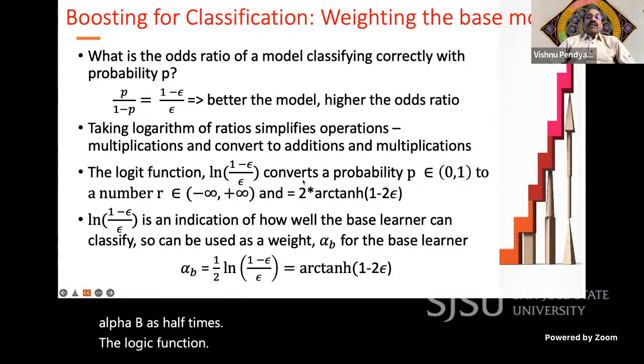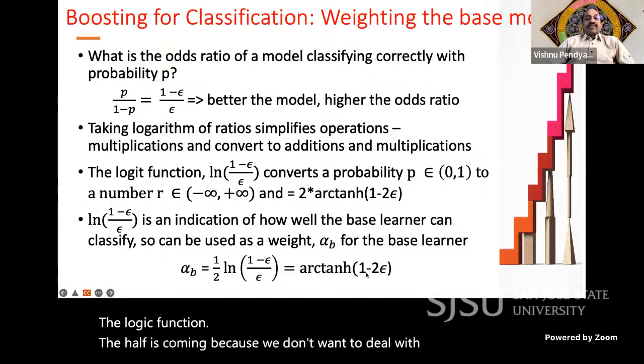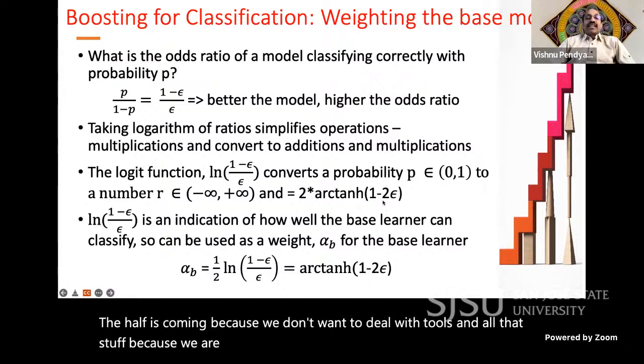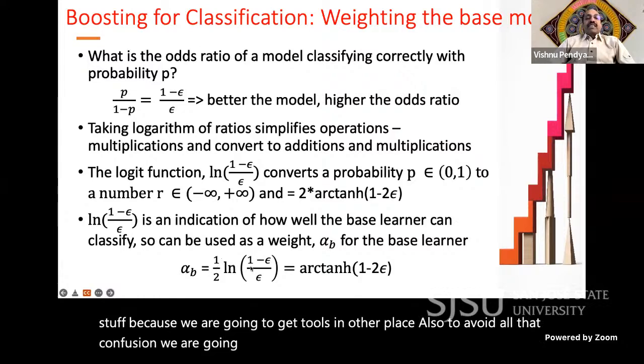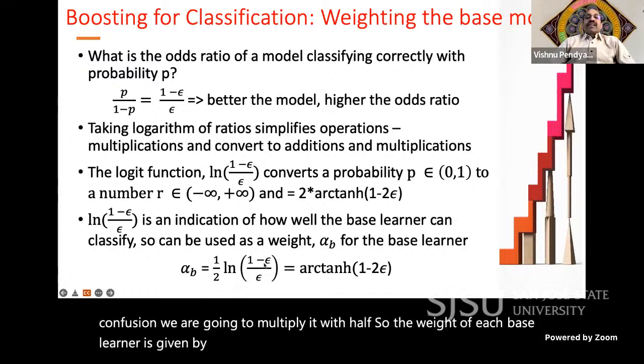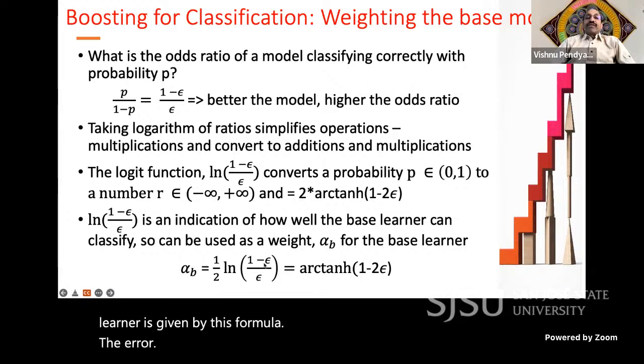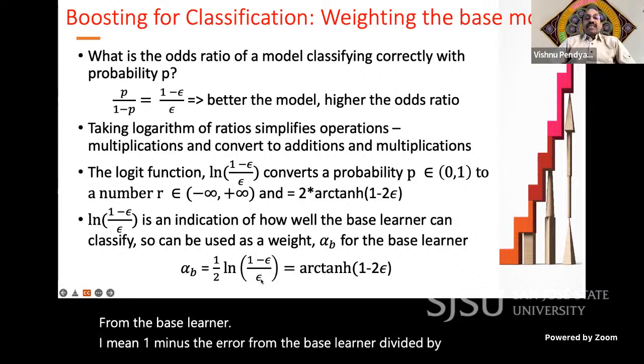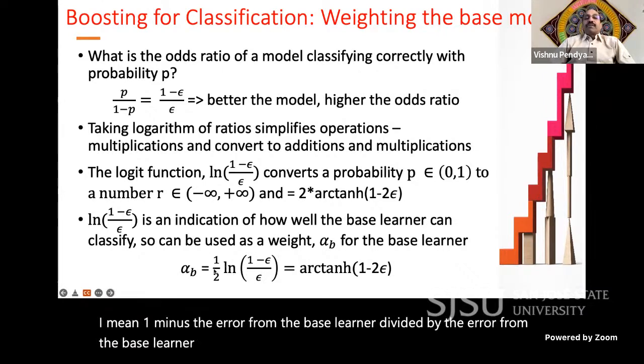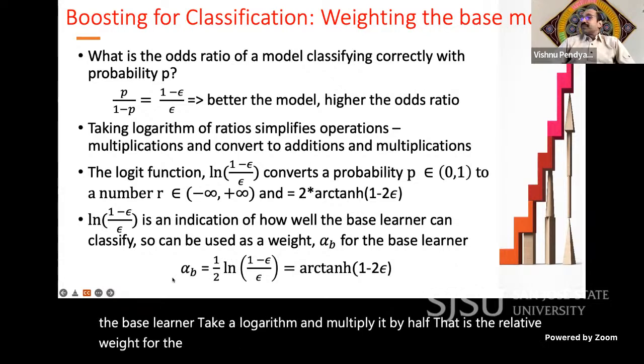The half is there because we don't want to deal with 2's, since we are going to get 2's in other places also. To avoid confusion, we multiply it with half. So the weight of each base learner is given by this formula: 1 minus the error from the base learner divided by the error from the base learner, take a logarithm and multiply it by half. That is the relative weight for the base learner.